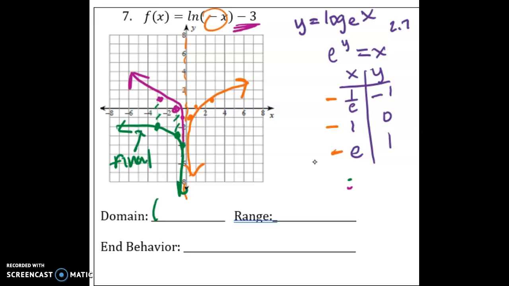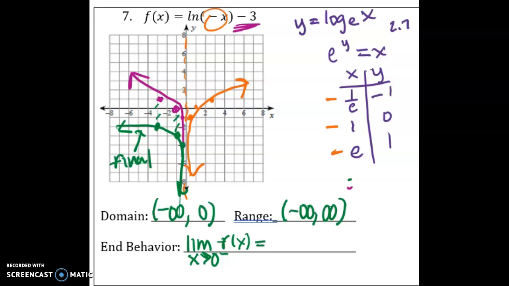Our domain this time is a little bit weird because we flipped it over the y-axis. It's negative infinity to 0. Our range is negative infinity to infinity. And then our end behavior, the limit as x approaches, this time not infinity, but 0, from the negative end of f of x is, and we're getting smaller, so negative infinity.